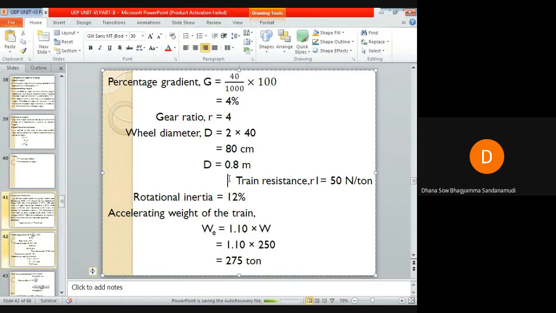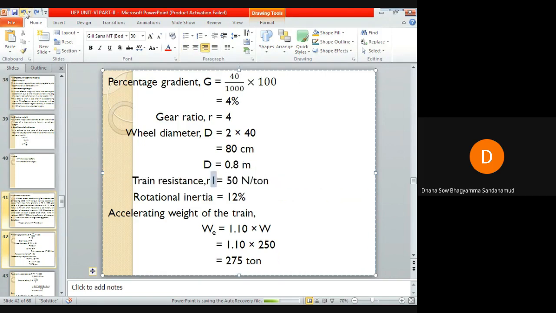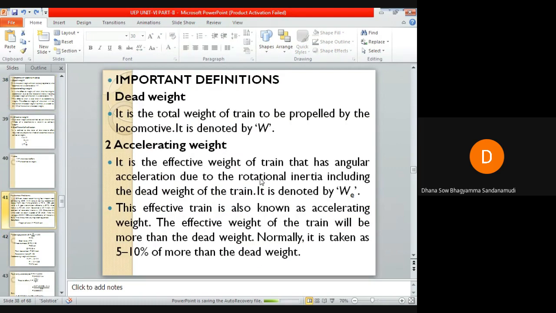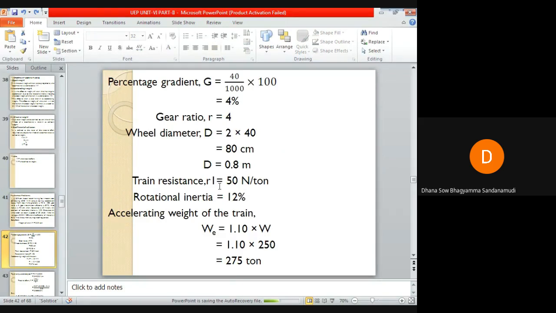Train resistance is 50 Newton per ton, that is given in the problem. Notations are your wish, whatever you want, you write it down. So I have written R1 here.